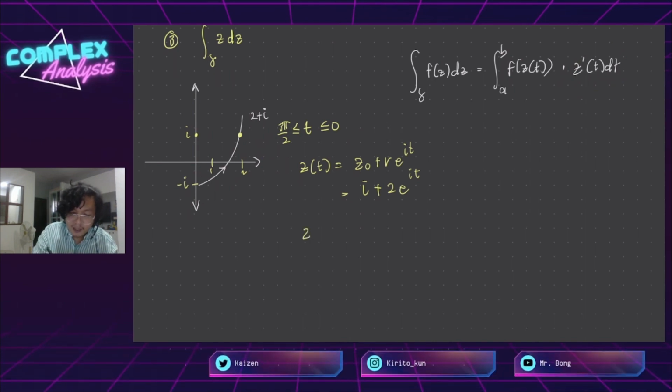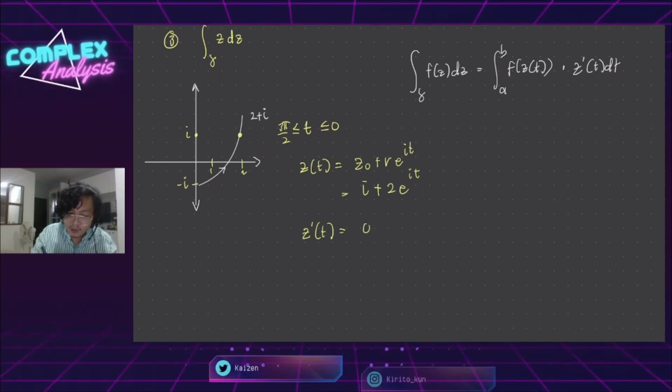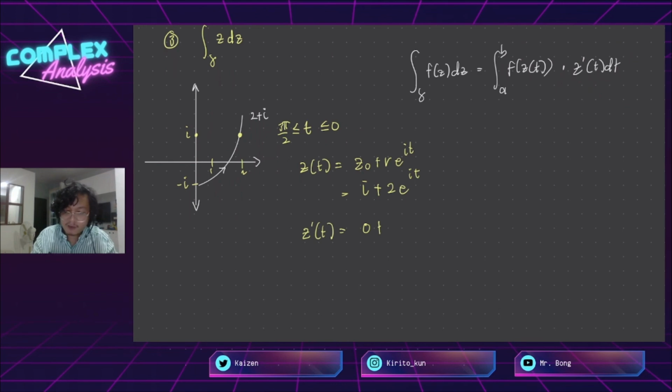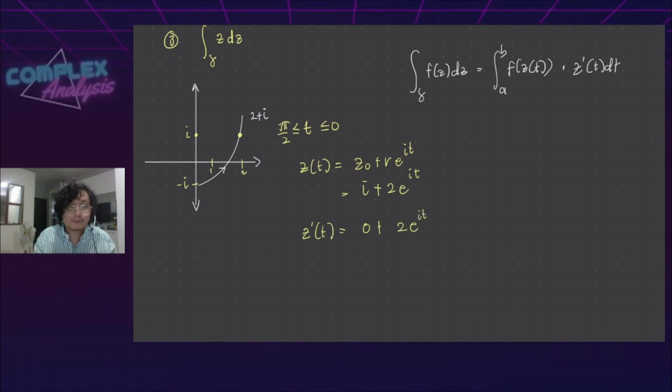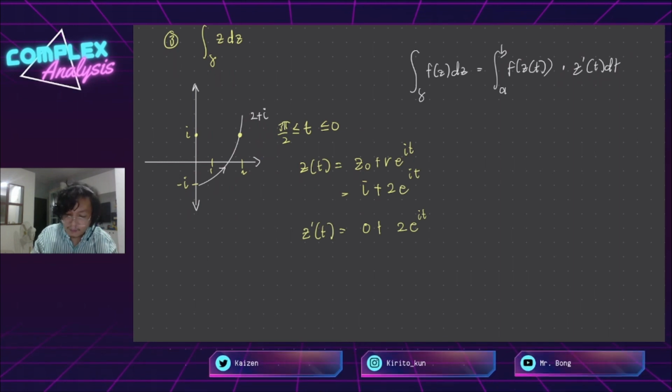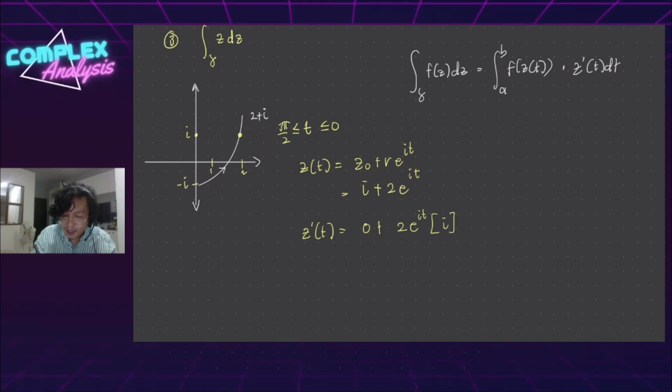So next expression will be this z prime of t dt. We'll have z prime of t is equal to the derivative of i with respect to t, which is 0, plus the derivative of 2e to the power of it, which is e to the power of it times 2 times the derivative of it with respect to t, which is i.